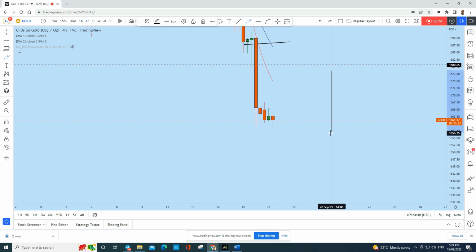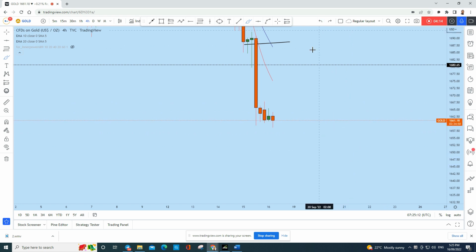After this kind of move, this pattern is a trend continuation pattern, because gold is in a very strong downtrend. When we see this pattern and a false breakout to the upside with this leg, that means we could potentially see another drop on gold to the downside to continue its downtrend.